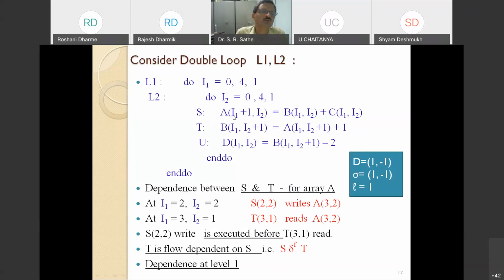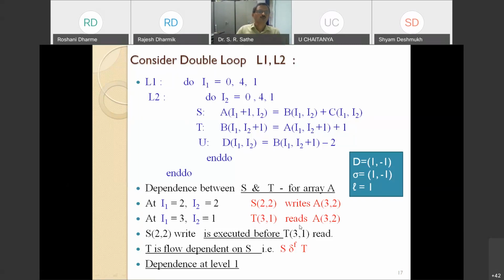For example, you substitute I1 equal to 2 here, you get I1 plus 1, that is 3. So 3 comma 2. So S22 writes A[3][2], and at I1 equal to 3, I2 equal to 1, substituting in the statement for T, T31 reads A[3][2] because I1 is 3 and I2 is 1.